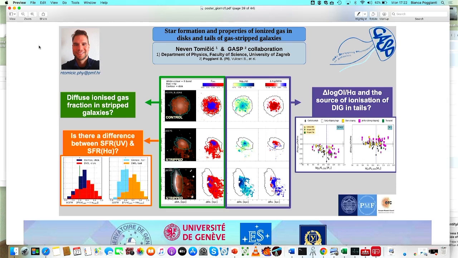Furthermore, I checked if star formation rates derived from H alpha or UV tracers are similar or different in those regions, and I found that the tails and disks show similar results, but there is a bigger difference between the DIG dominated regions and the HII dominated regions. For details and discussions, ask me at the poster. Thank you.